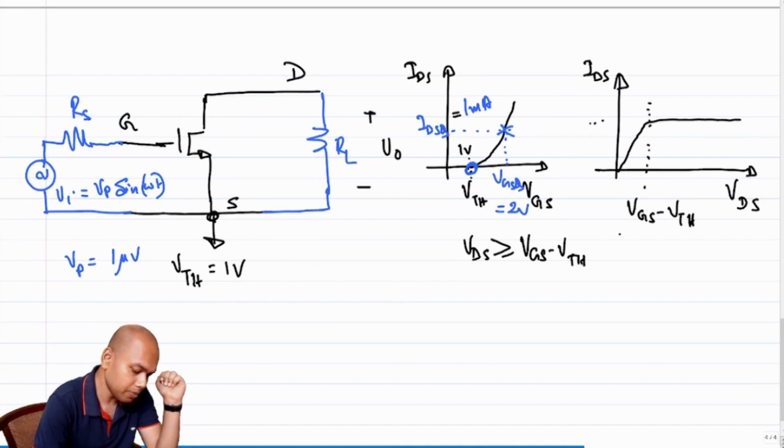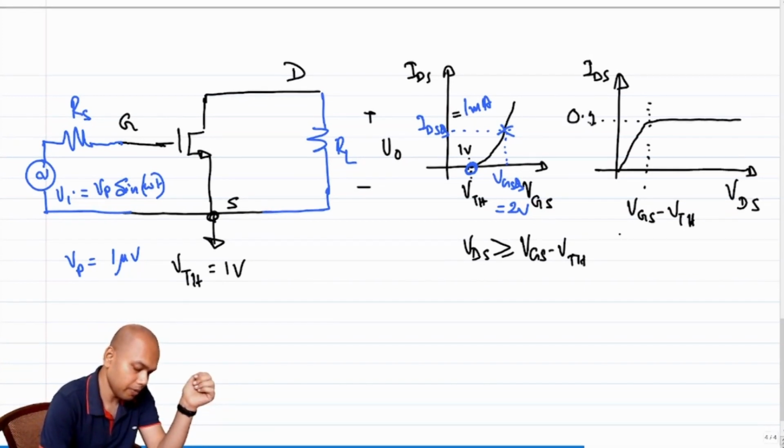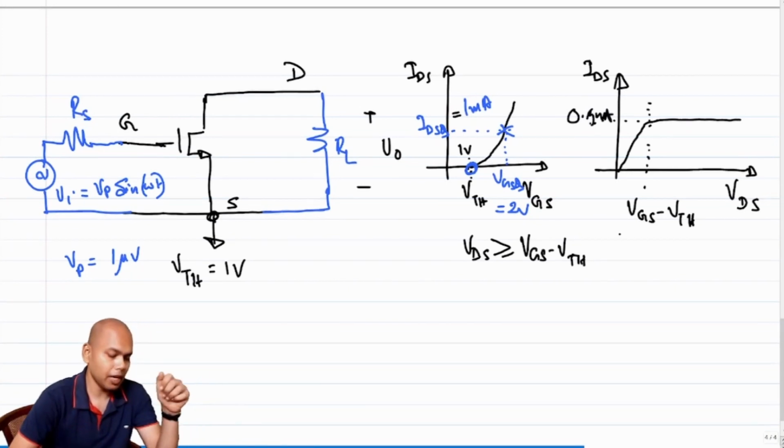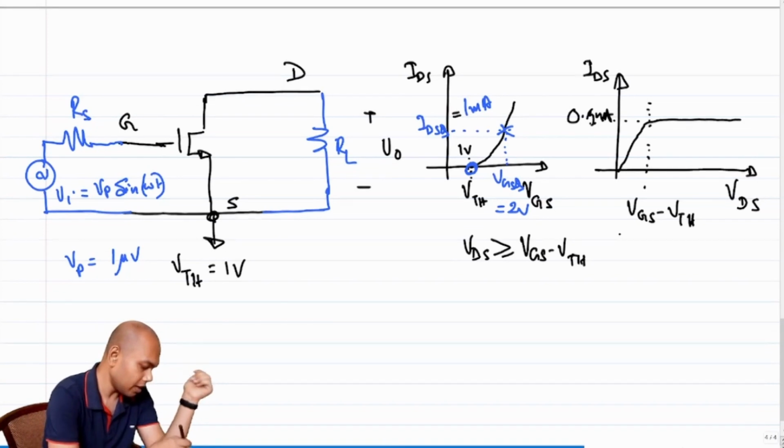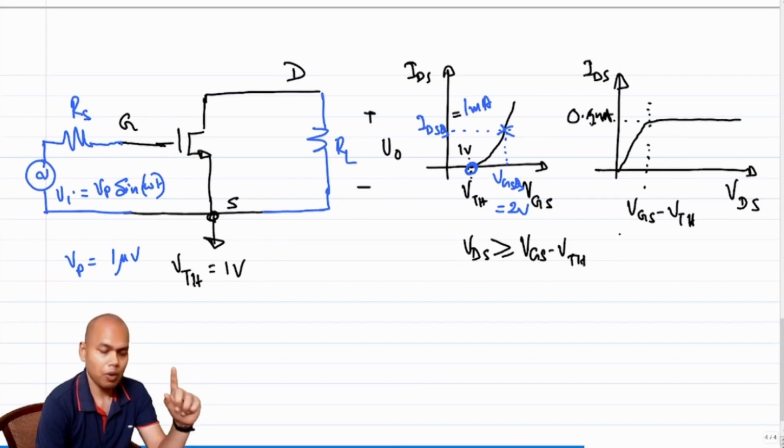Let's assume that this plot refers to IDS of equal to 0.5 milliamps. Maximum IDS is 0.5 milliamps, which means I'll have to find another plot. And what will that plot be? That plot will be corresponding to the maximum IDS of 1 milliamps, right?